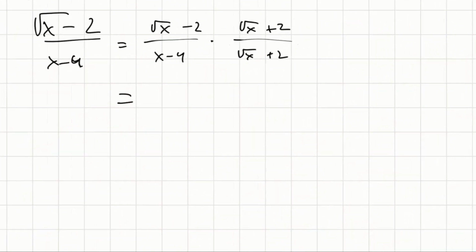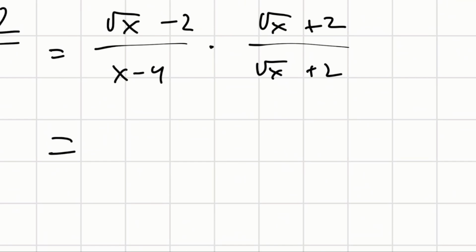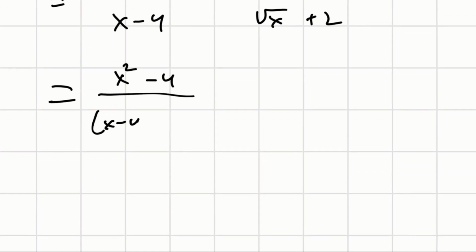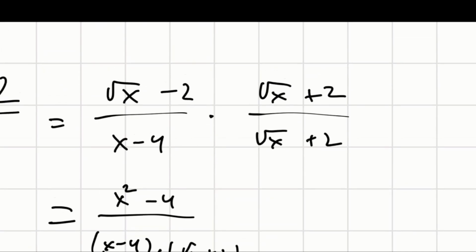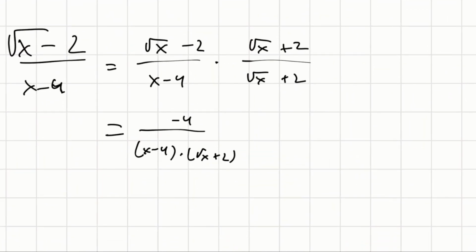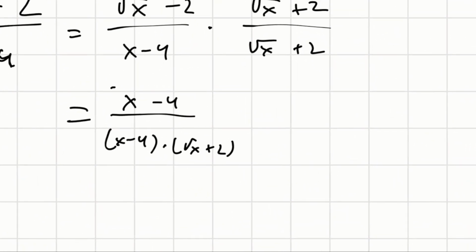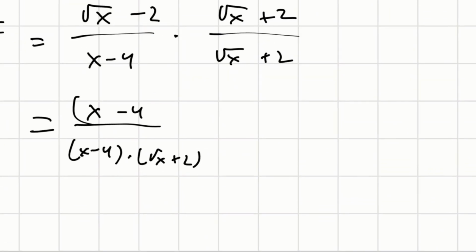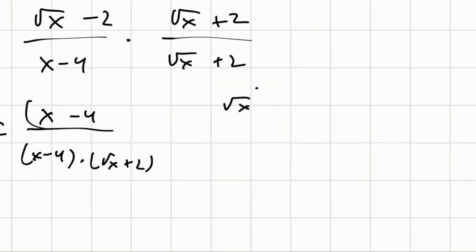If we're now going to simplify this, remember, we're just doing the same thing like before, we get x squared minus 4 divided by x minus 4 times square root of x plus 2. I'm sorry, I made a mistake. Of course, because we're squaring the root of x, so square root of x squared gives us x.